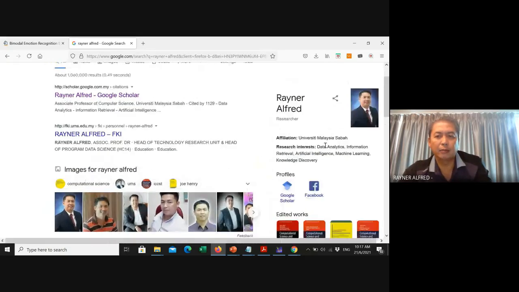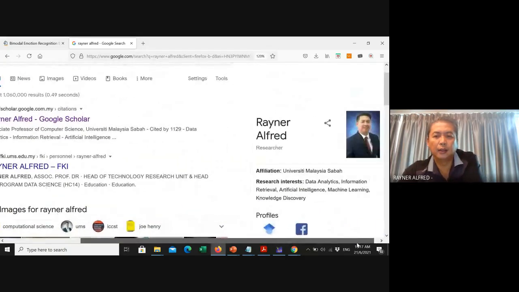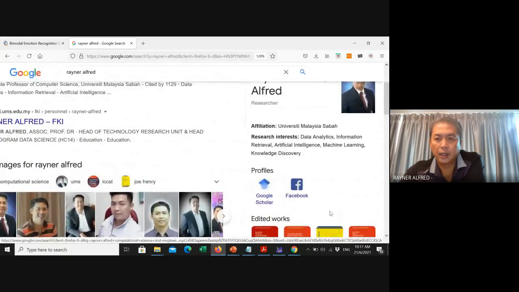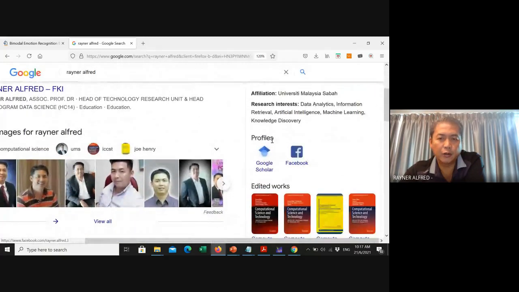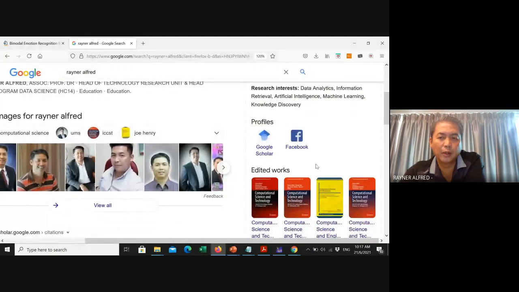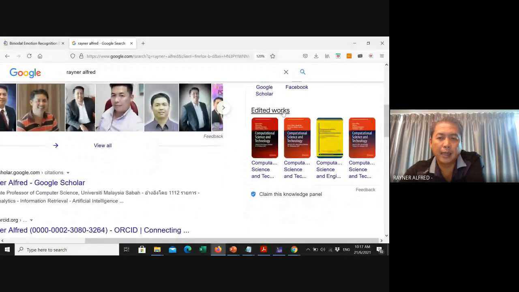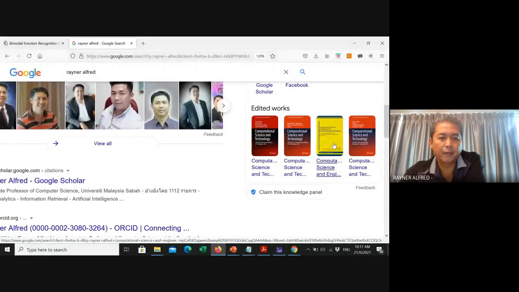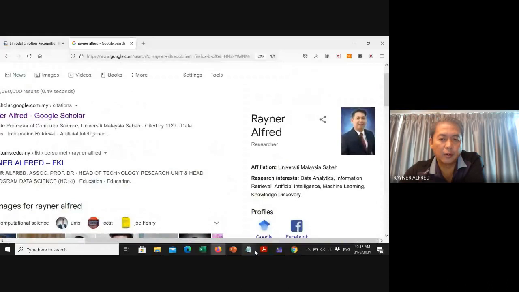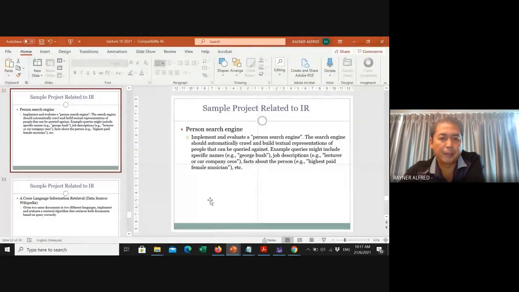Let me make this bigger. Then my research interests, my Google Scholar profile, Facebook, and these are my edited books. This is what we call a person search engine. It is still not perfect, because you may want to know the birth date of the person, or whether they have passed away, what the job description is, and many more.